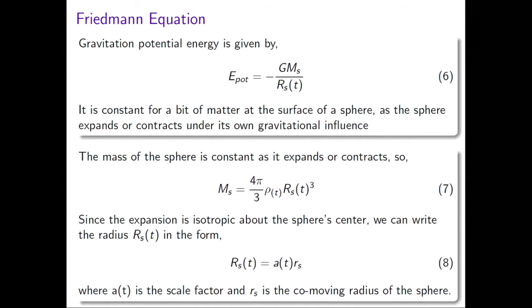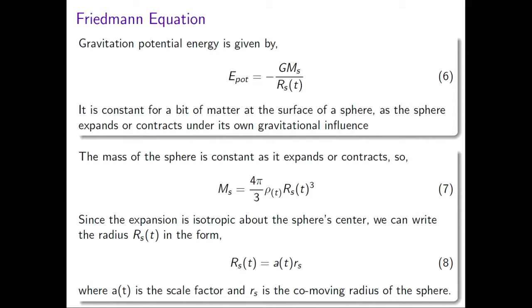So we can say that the sum of the kinetic and the potential energy is constant. So in a way this is based on the law of conservation of energy. What it also tells us is the total energy is constant for matter on the surface of the sphere as the sphere expands or contracts under its own gravitational influence.